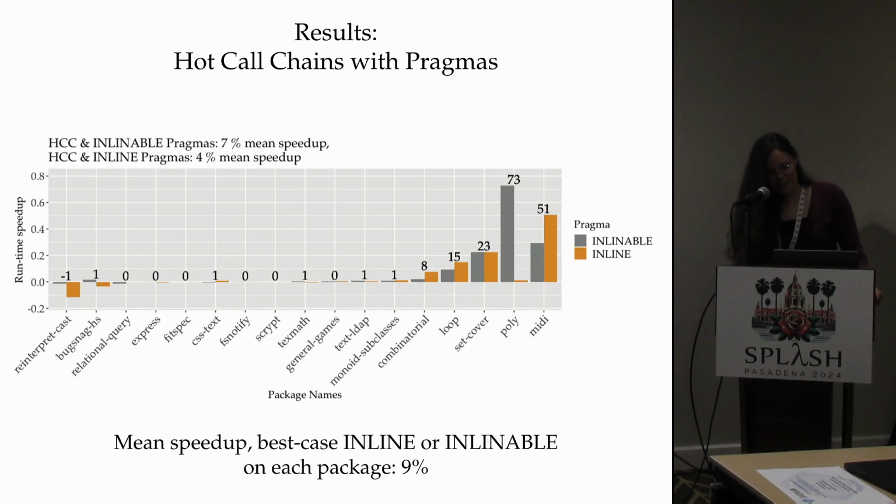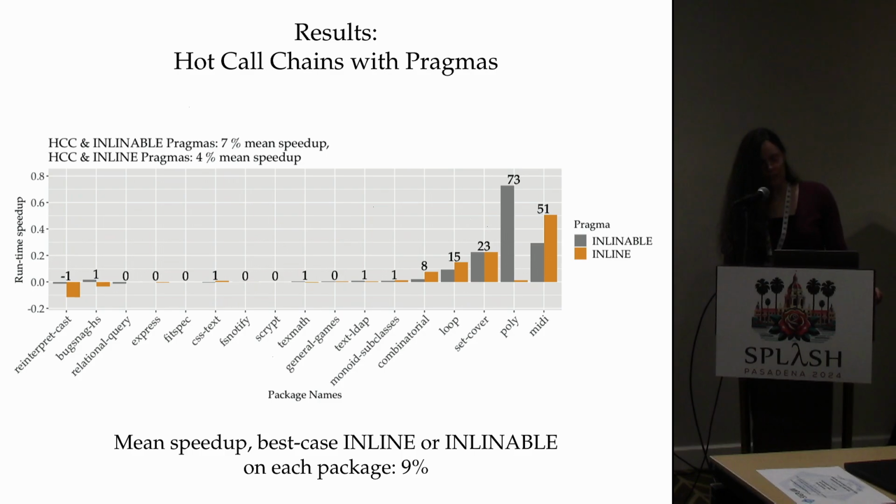So, some results. Hot call chains with the inline pragmas: if we take the mean speedup of all 17 of our packages, we get a 4% mean speedup. If we use hot call chains with inlineable pragmas, we get a 7% mean speedup. You'll notice that on each one of these packages, they'll possibly get a much better result on one type of pragma or another.